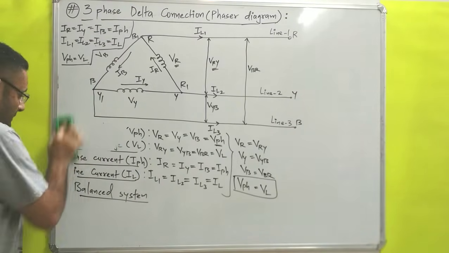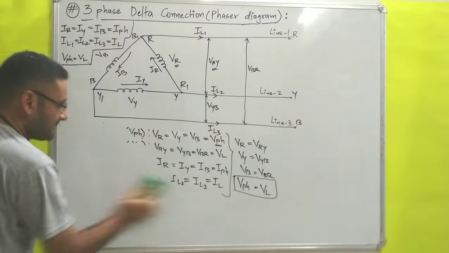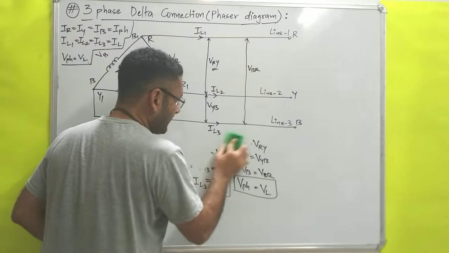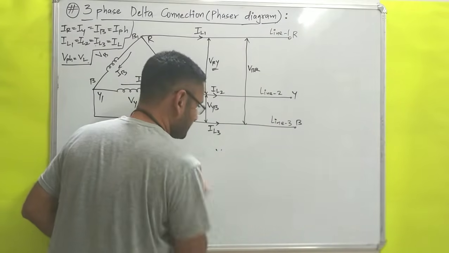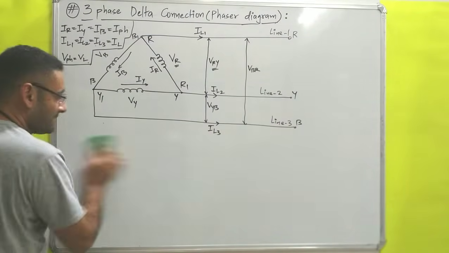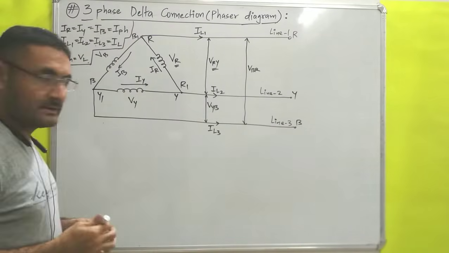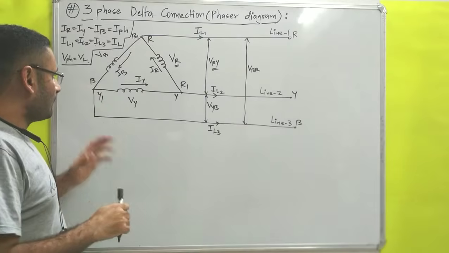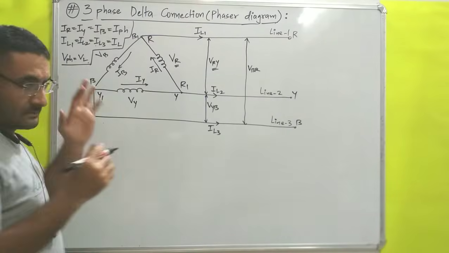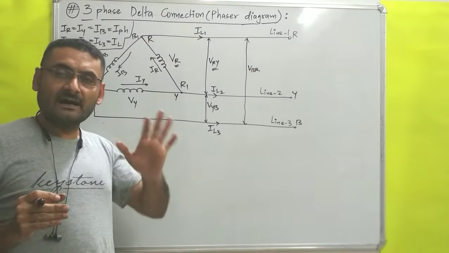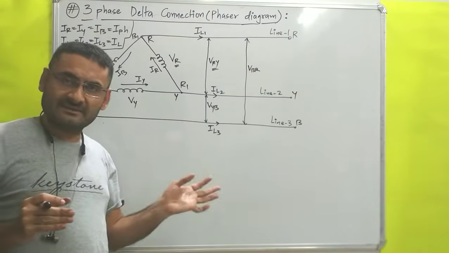Again, we know very well that the system we have taken is a balanced system. And for the balanced system, whatever potentials are there are equal in magnitude and placed at equal phases.